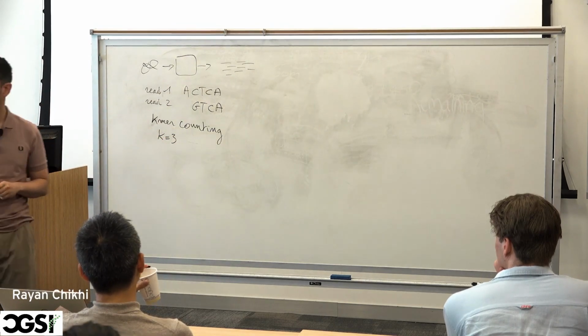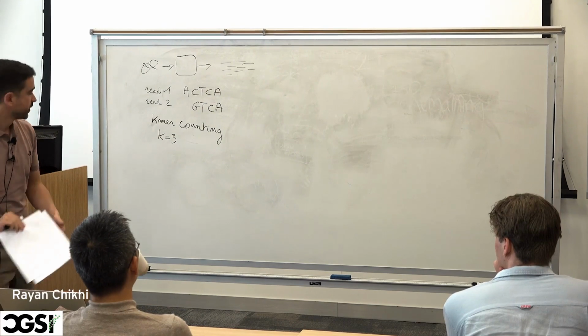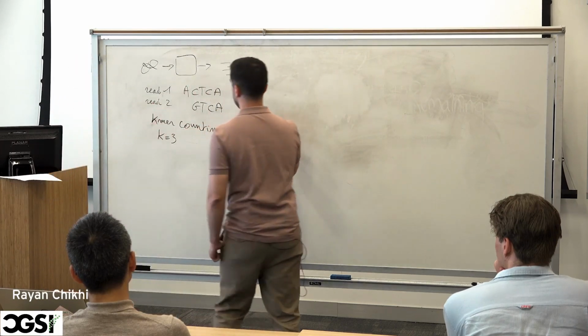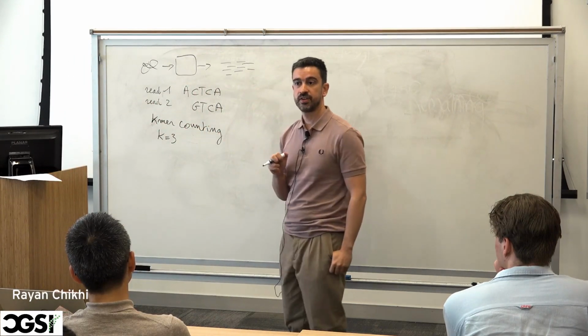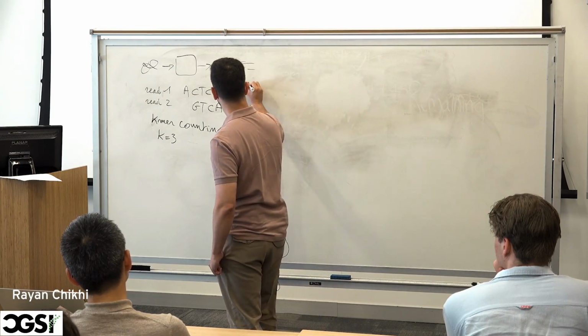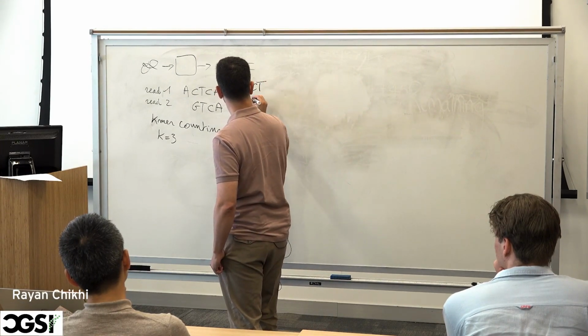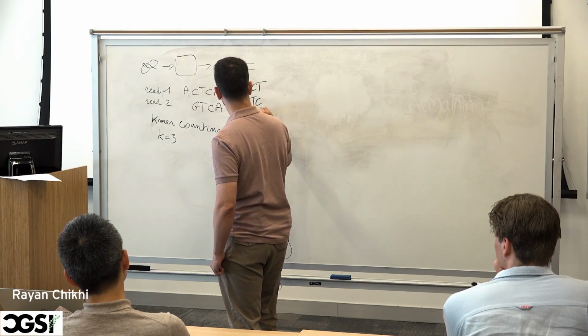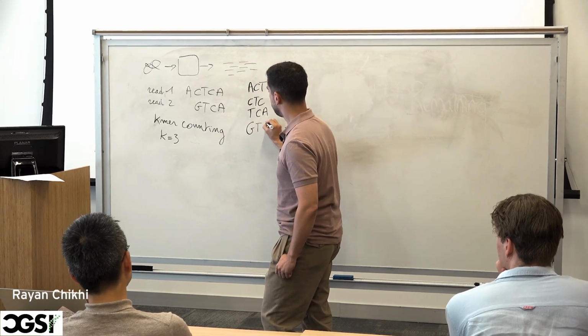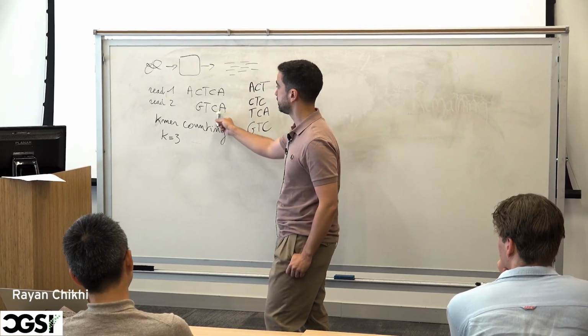In real life, as you saw in previous talks, it was much larger k values, but here I want to have small ones. You can essentially enumerate all the strings of length 3 from your reads. So we can start with ACT, CTC, TCA. That's all from read 1. Then we can start with read 2, GTC, and then we see TCA again.